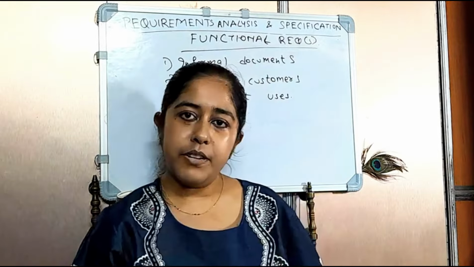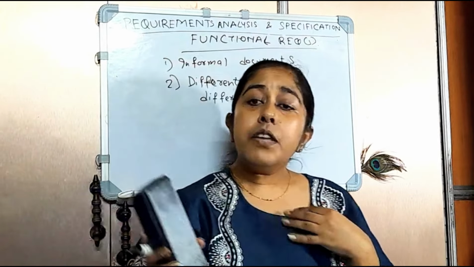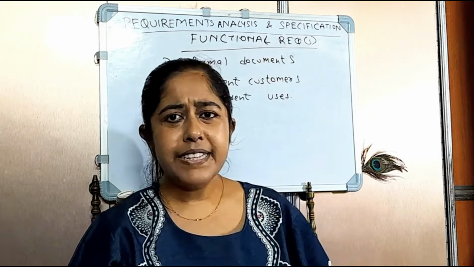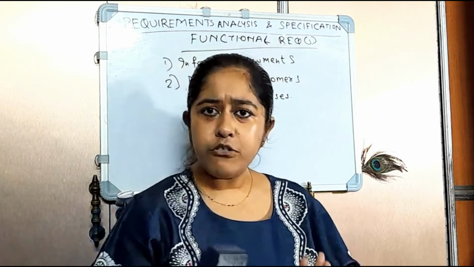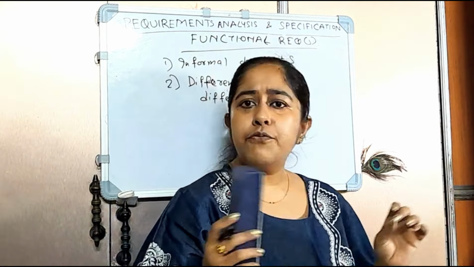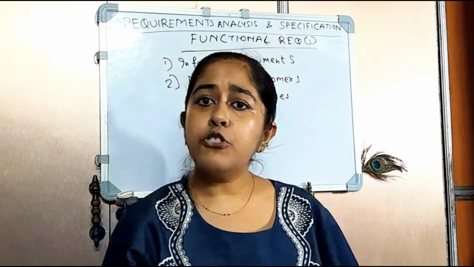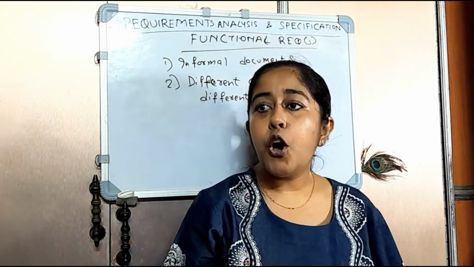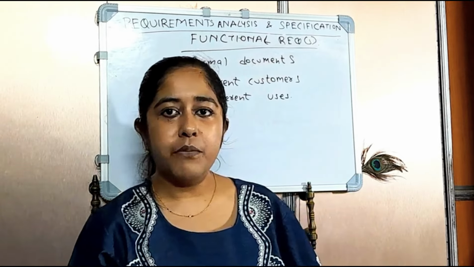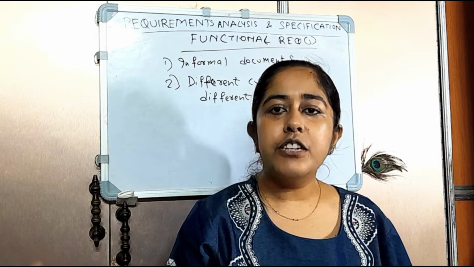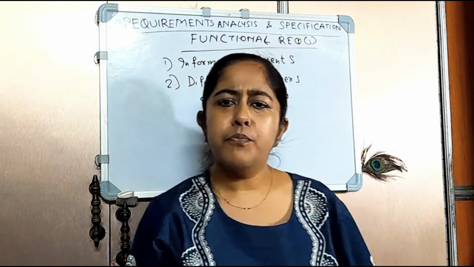Suppose you have a library management system. The person who works with your accounts department deals with what kind of fine you are giving, for books returned on time or not returned, fine management, payments, or the salaries of the different library persons.